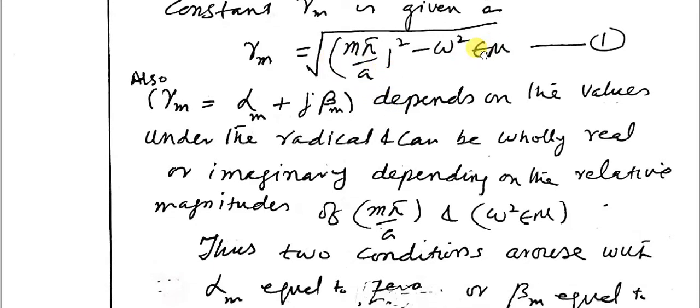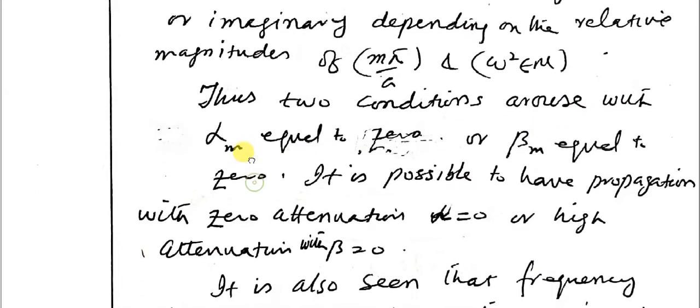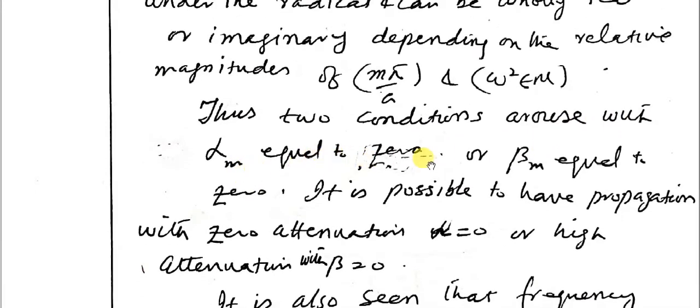But if omega square epsilon mu is greater than this one, obviously the whole value will be imaginary, because the negative value under the square root is an imaginary value. Thus two conditions arise, with alpha m equal to 0 or beta m equal to 0.